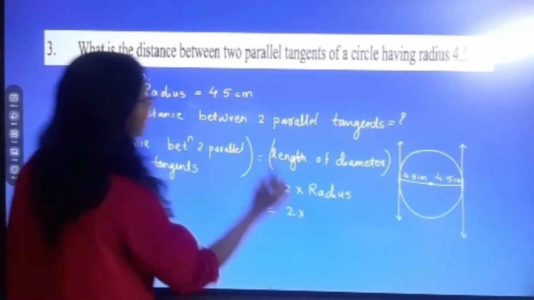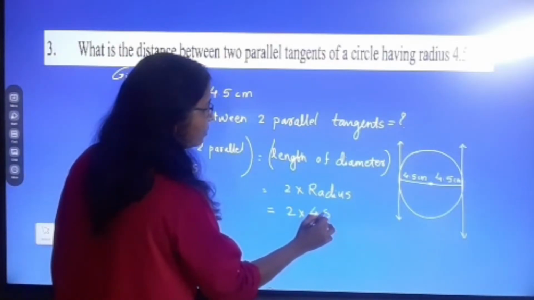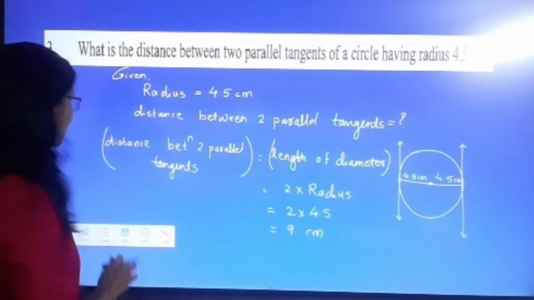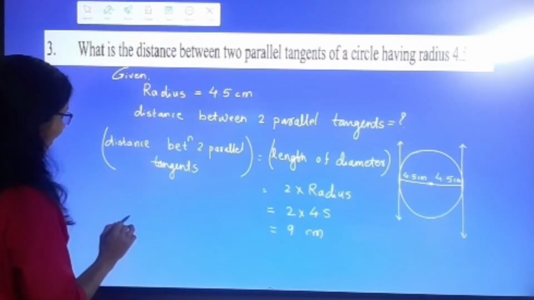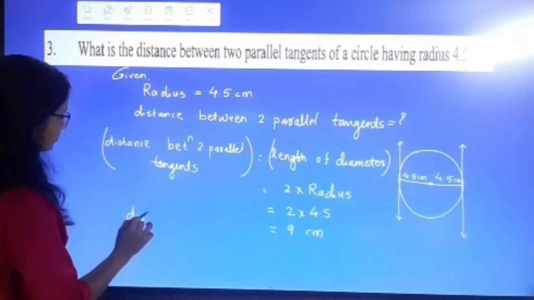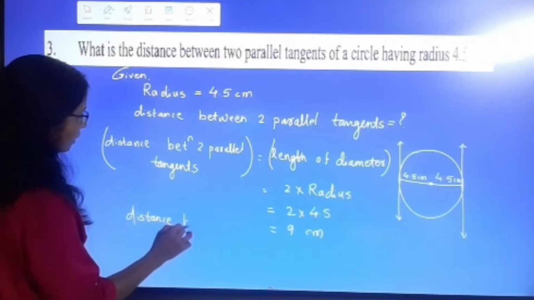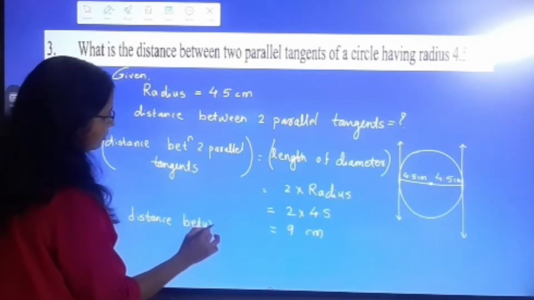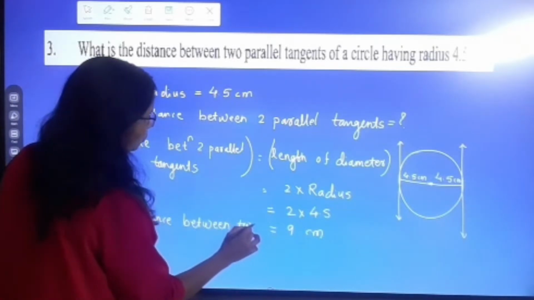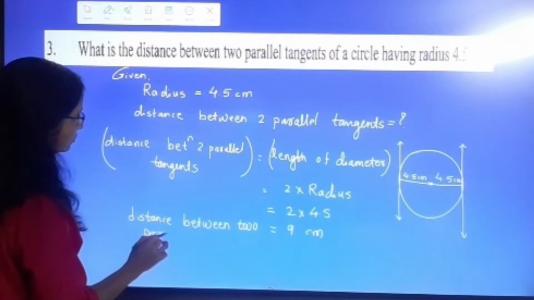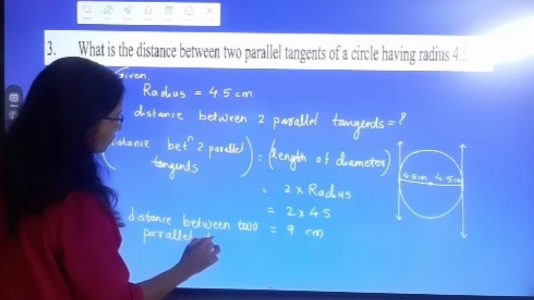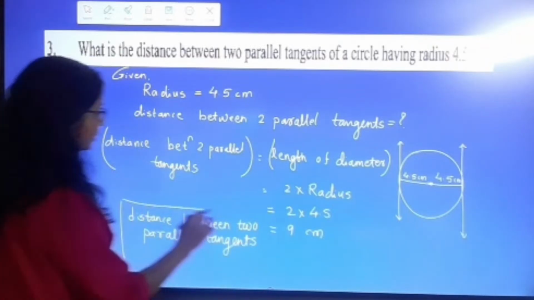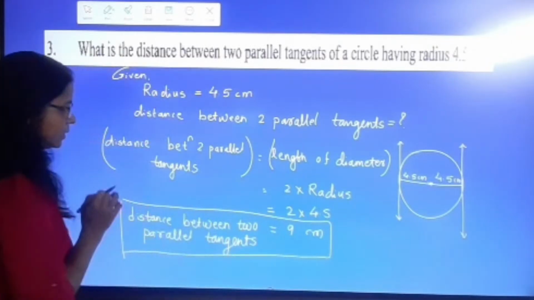So 2 multiply 4.5 centimeter, so here 9 centimeter. Okay, so the distance between two parallel tangents is equal to 9 centimeter.